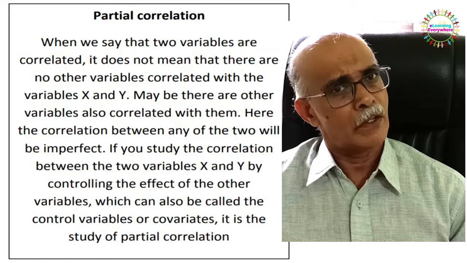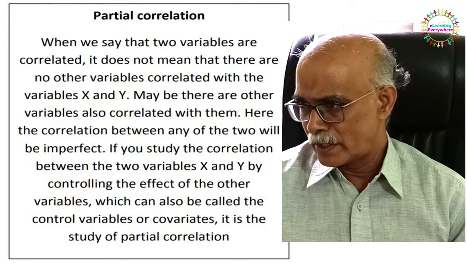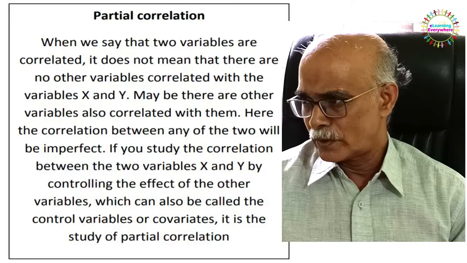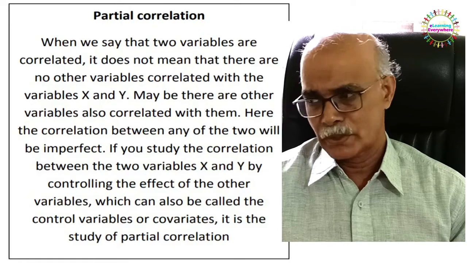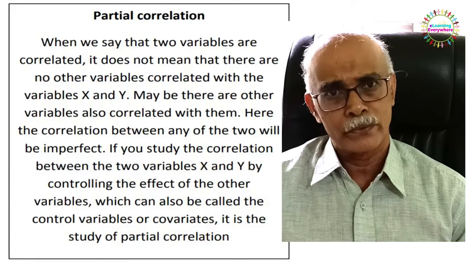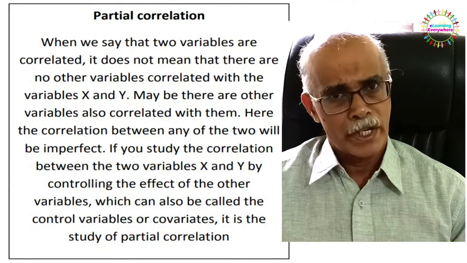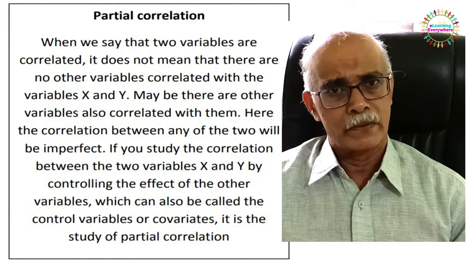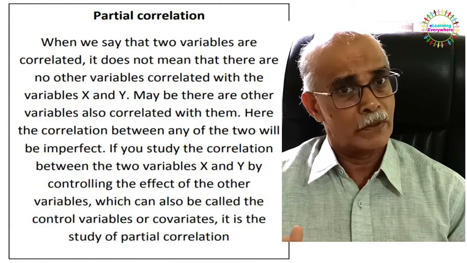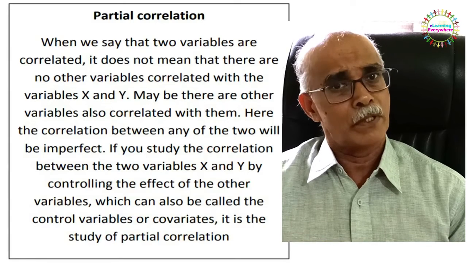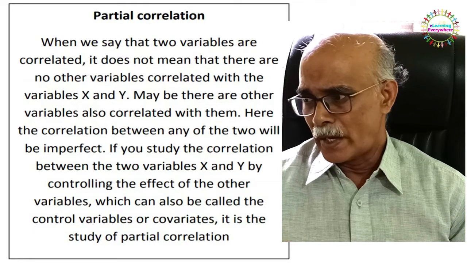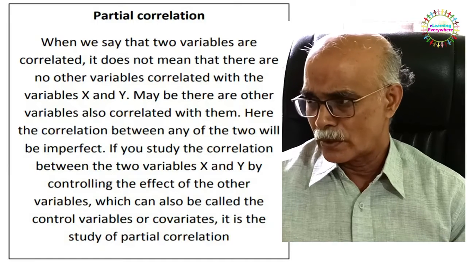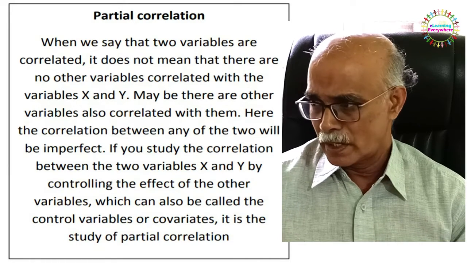For example, the correlation between variables x and y, controlling the effect of the other variables which are related to x or y. You are controlling certain variables, and they are called controlled variables or covariates.